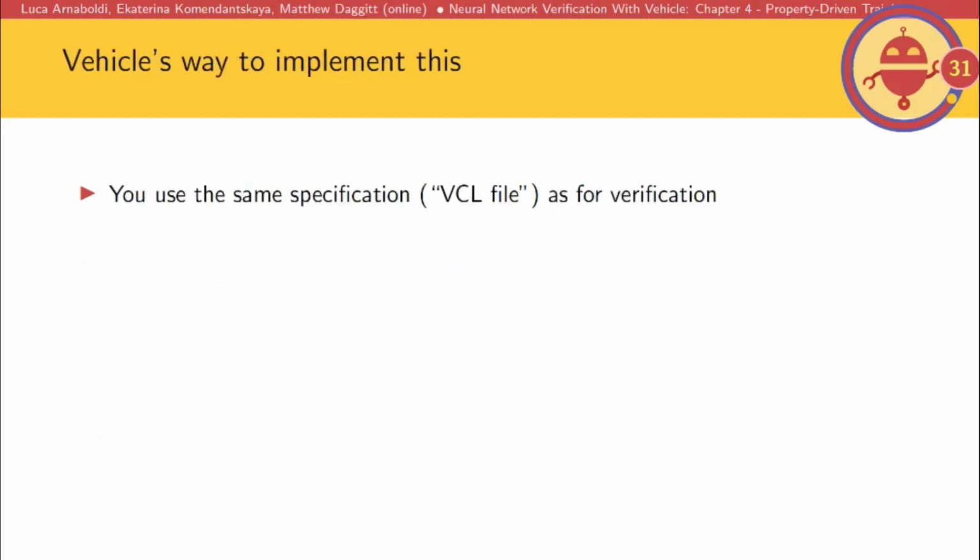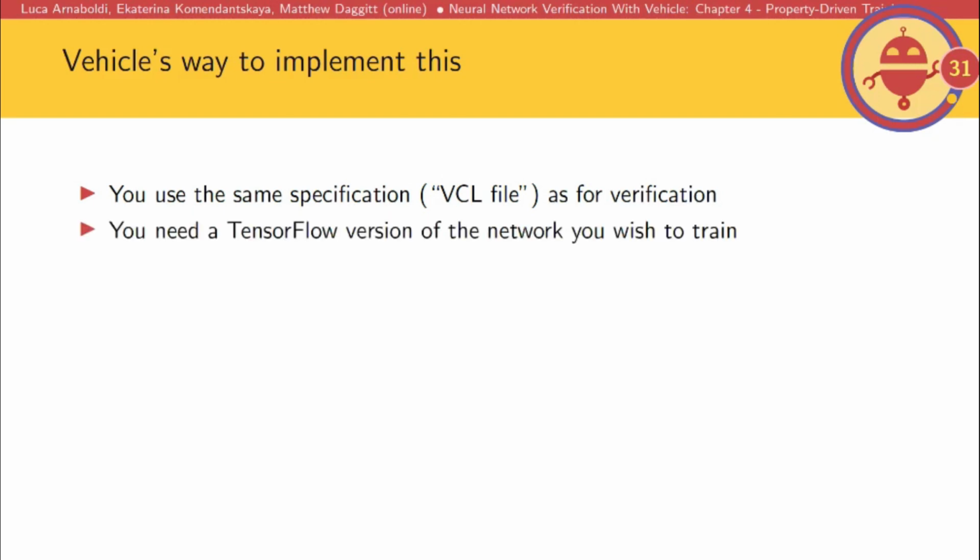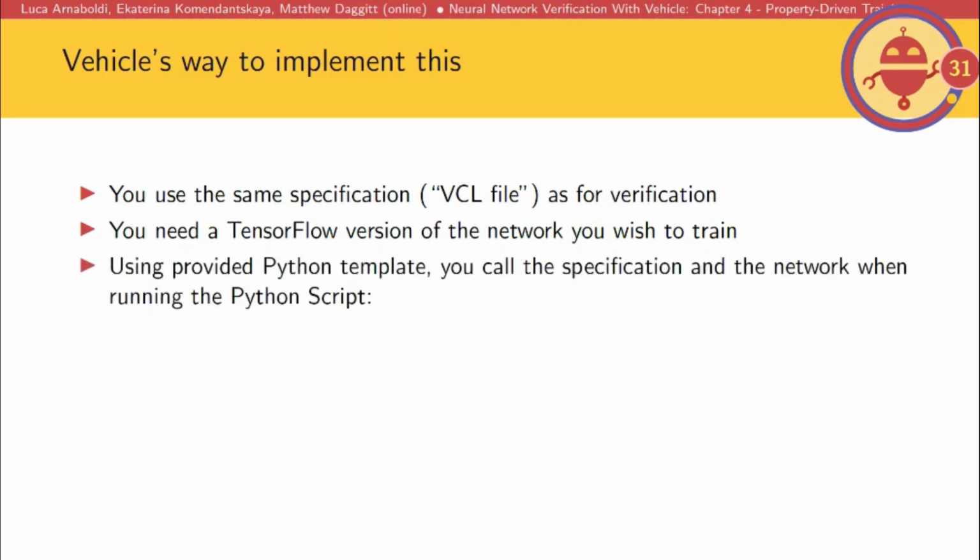Okay. And so what happens in Vehicle? You use the same specification, same VCL file as for verification. You need a TensorFlow version of your network, right, if you want to train. We only gave you ONNX, but ONNX is just a static snapshot of a network that you use for verification. You need to have a TensorFlow version of that same network. Otherwise, your TensorFlow library is not going to run ONNX for training.